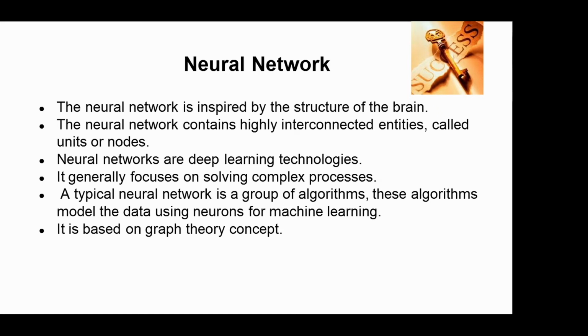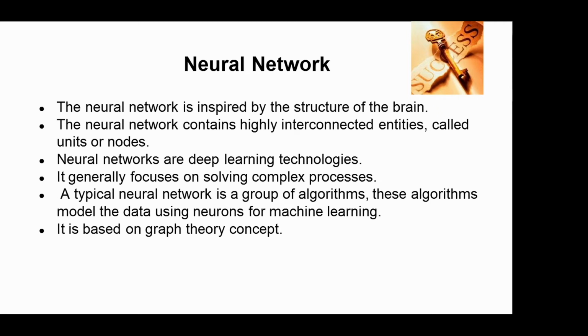The neuron is basically taken from the brain. In our brain there are various memory cells, and the brain is the human being's processor. Whatever a human is capturing or visualizing is processed by the brain.